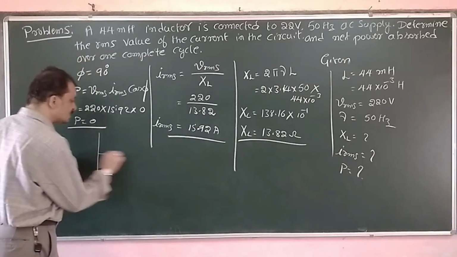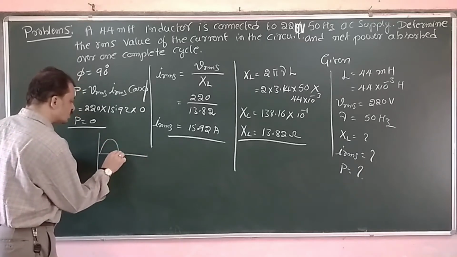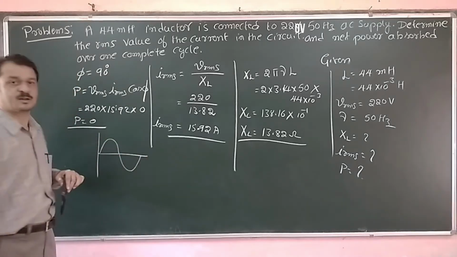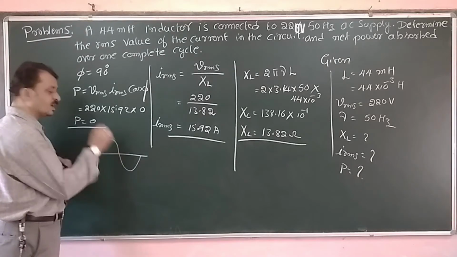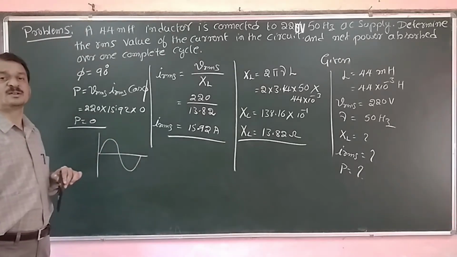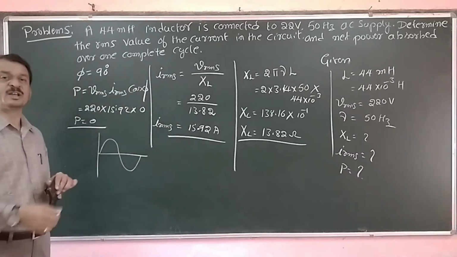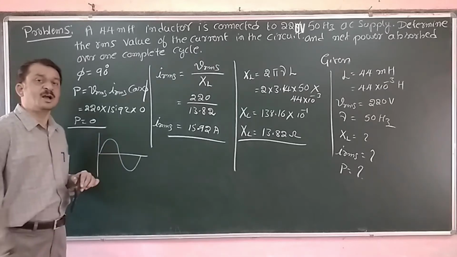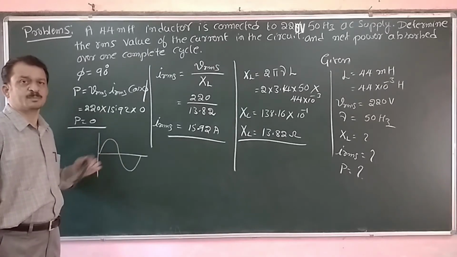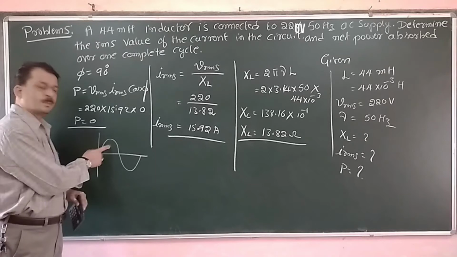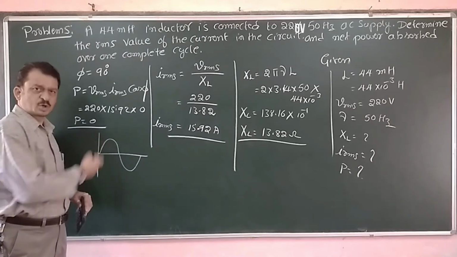Now, if you take the AC cycle, this is the positive half cycle and this is the negative half cycle. During the positive half cycle, power is absorbed by the circuit. During the negative half cycle, power is returned back to the battery, that is the power supply. In the positive half cycle, power is absorbed.